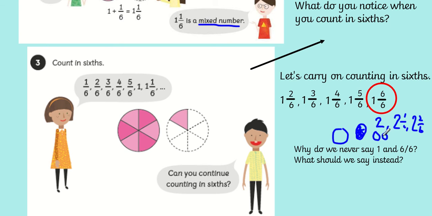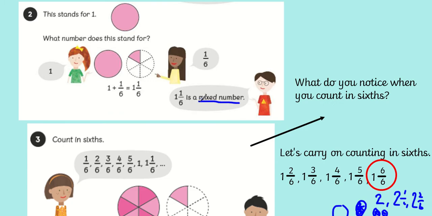That we have shaded in. Okay, so that's how we count up in sixths, and that's how we write mixed numbers. So mixed numbers, double underline it here, when we have a whole number and a fraction together, we just write them like this, one after the other.